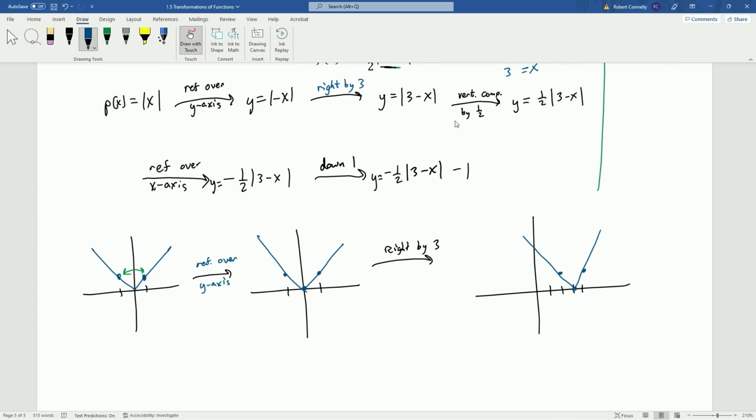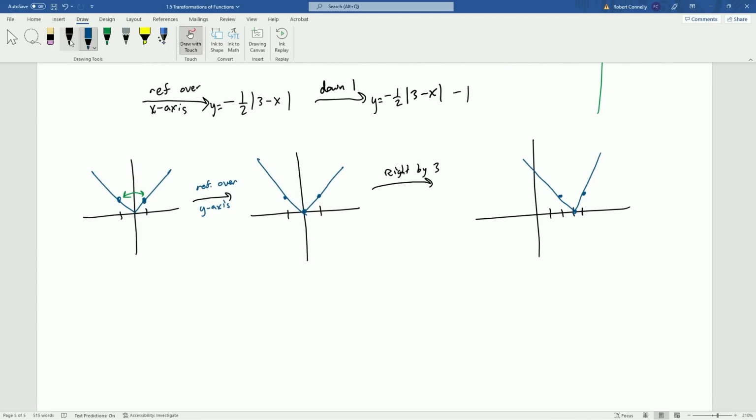Then we've got a vertical compression by 1/2. So that just means our y values are going to shrink down half the distance from where they were before. Of course, when y is 0, that point doesn't change. But the other ones shrink down here from 1 to 1/2. So the graph kind of flattens out a little bit.